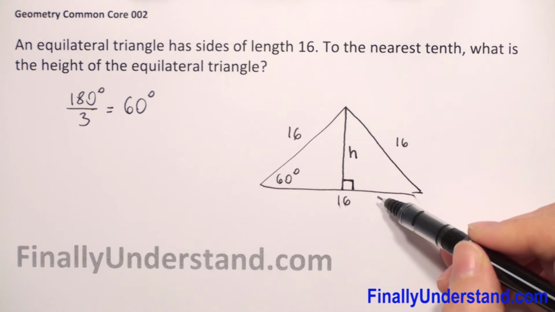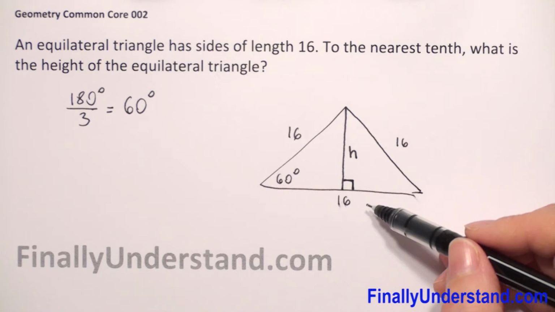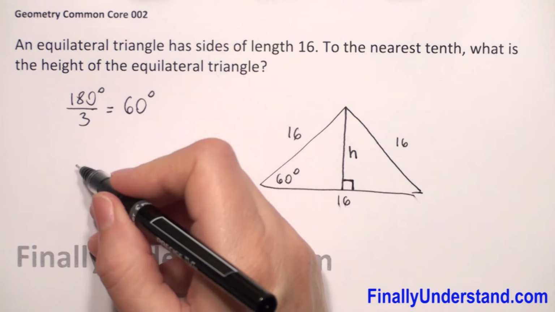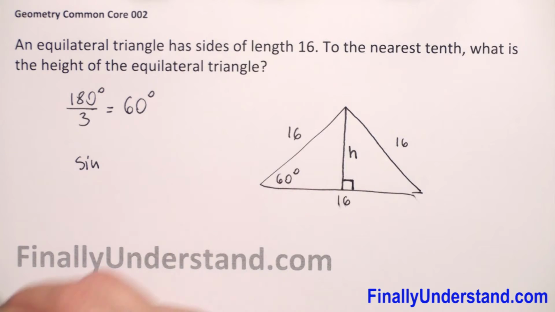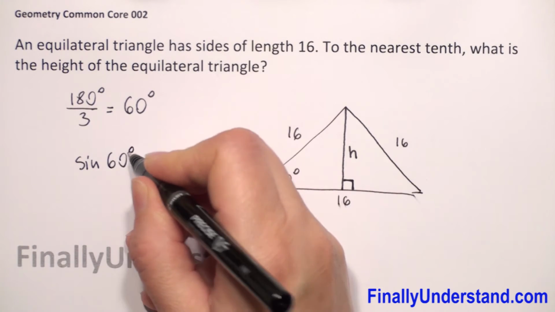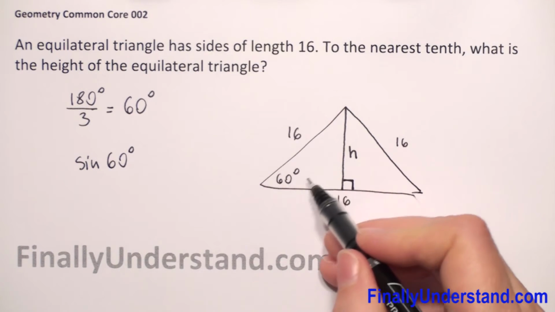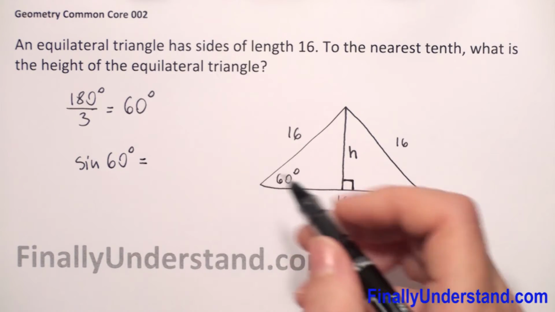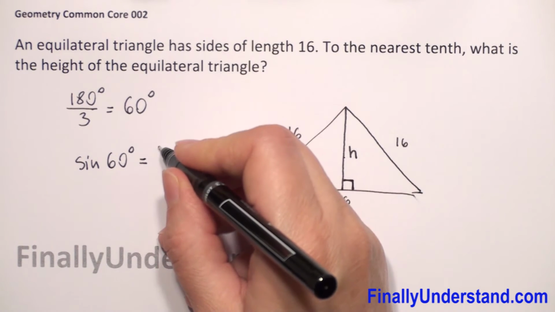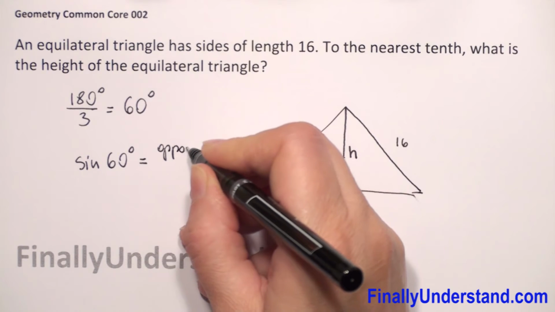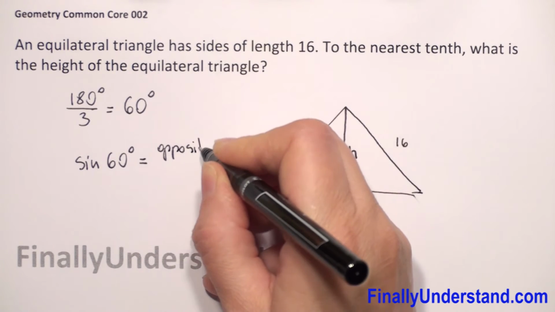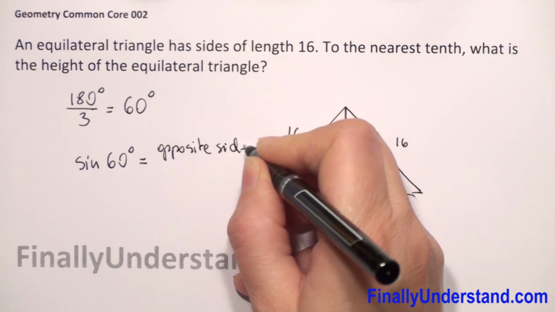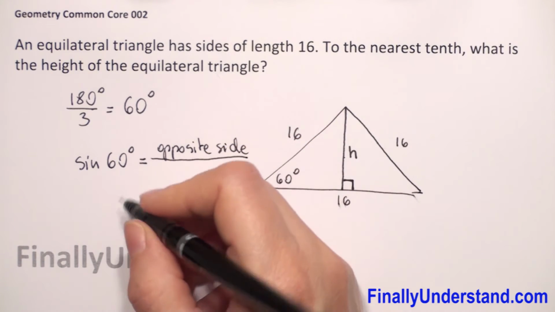That's why we can use the sine of the 60 degree angle. What will it be from the definition? This is the opposite side, so let me write this: opposite to hypotenuse.